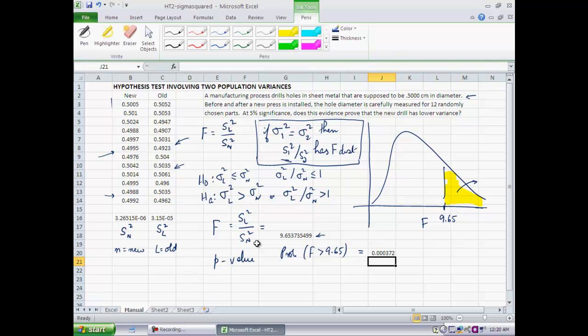The value that we get is 0.000372. The physical interpretation of this very small number is that if the null were true as an equality, the probability of getting a test statistic at least as extreme as the one we got, namely 9.65, is 0.03%. Okay, now our alpha is 5%.